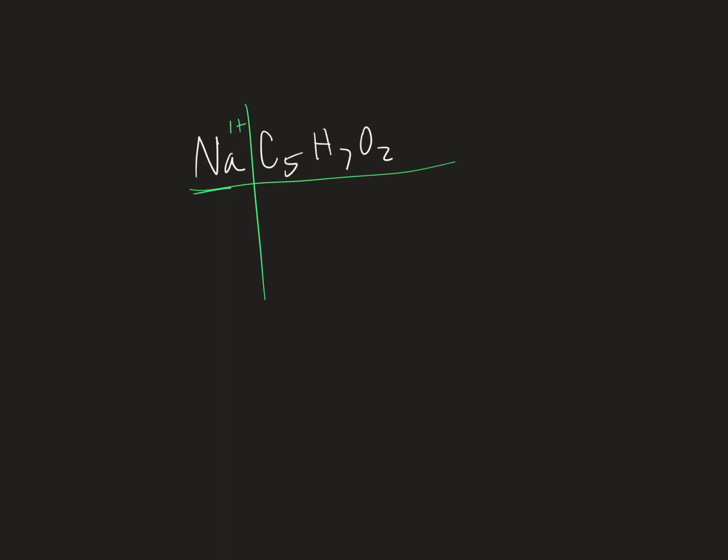It's a 1+. How many are there? 1. So that's a positive 1. This side has to be negative 1. How many of those are there? 1. There's no parentheses. Means there's one of them. Do you remember that? Okay. So that means the charge of this polyatomic ion is 1-.